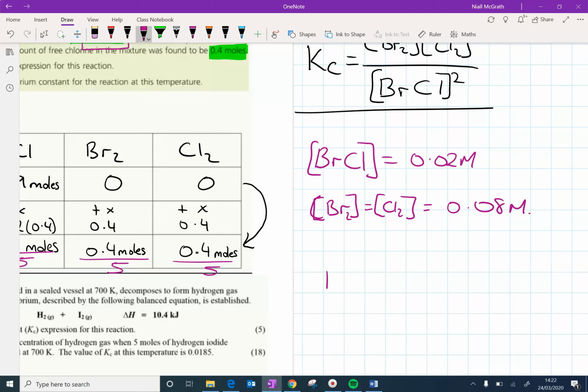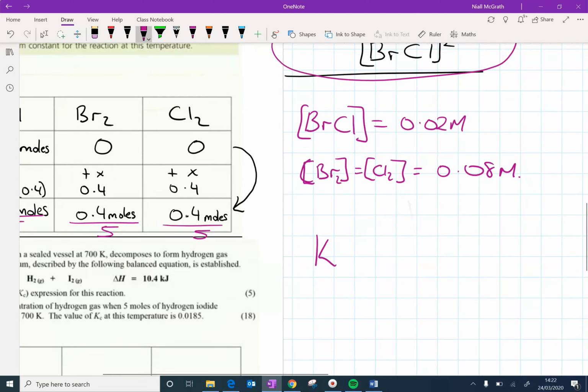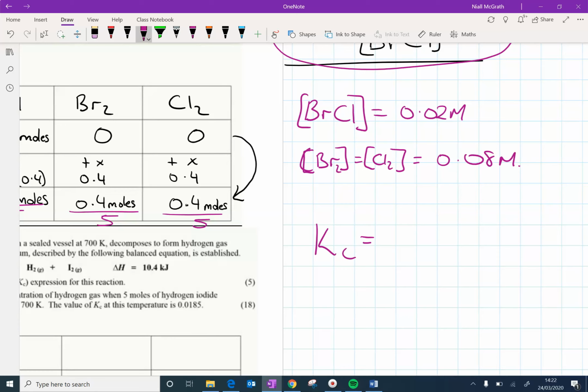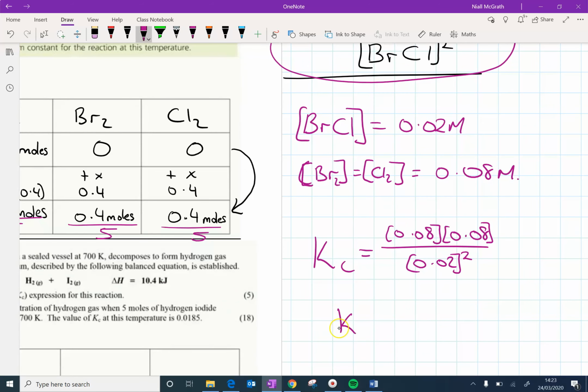If we want to find our Kc value, we're subbing into this formula up here. So that is going to be equal to 0.08 multiplied by 0.08 over 0.02 squared. And that gives you a final Kc value of 16.